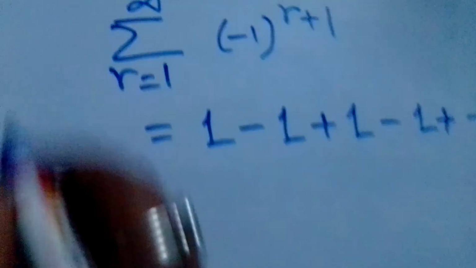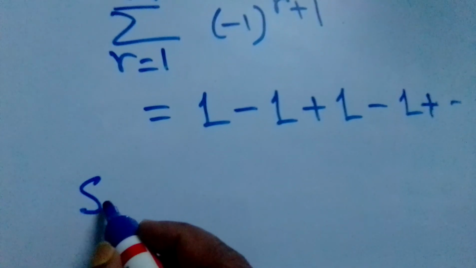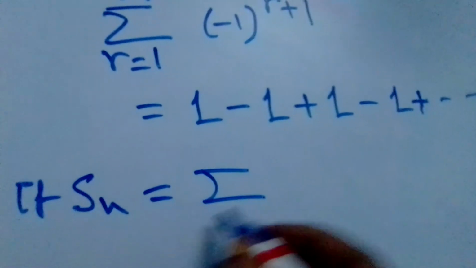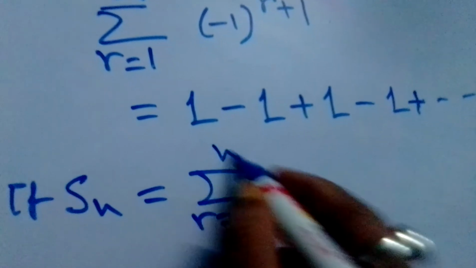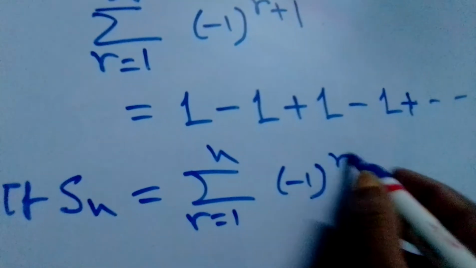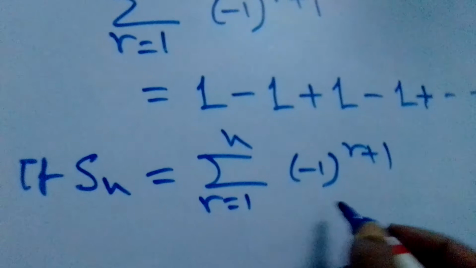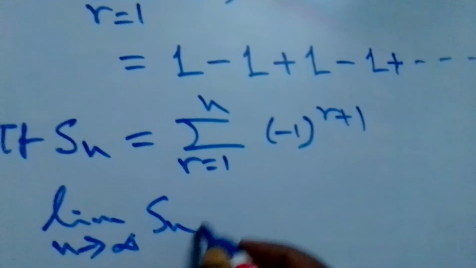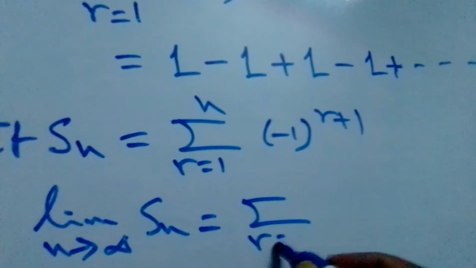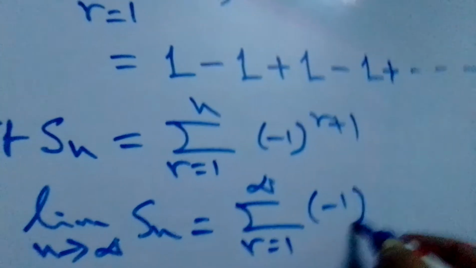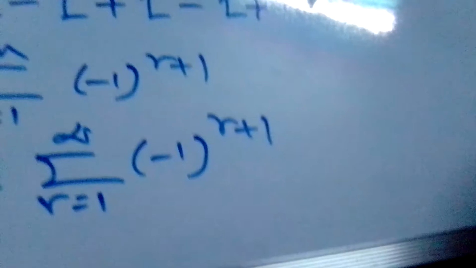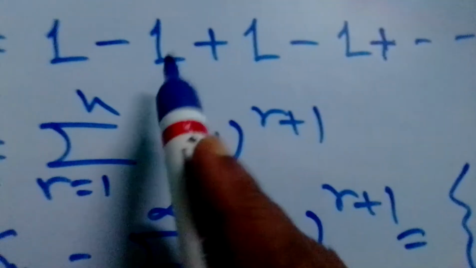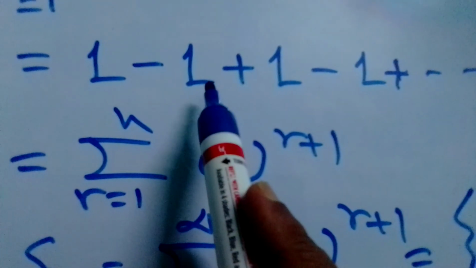If we name it Sn, equal to the sum of r from 1 up to n of minus 1 to the power r plus 1, then taking the limit as n tends to infinity of Sn, a branch of statements arises if we consider the even and odd cases.